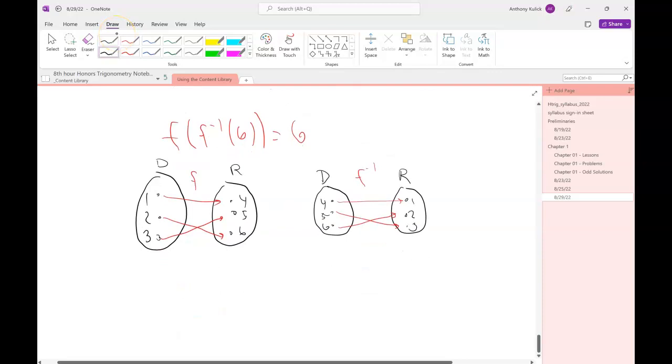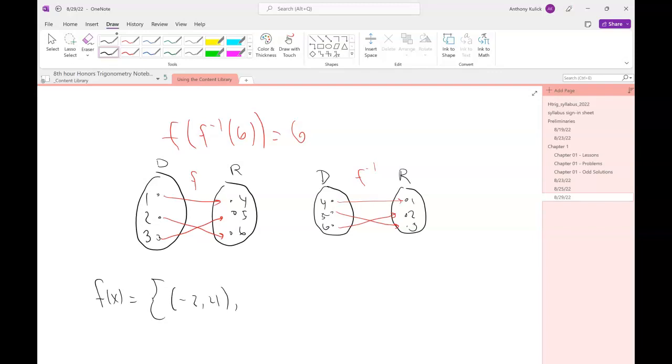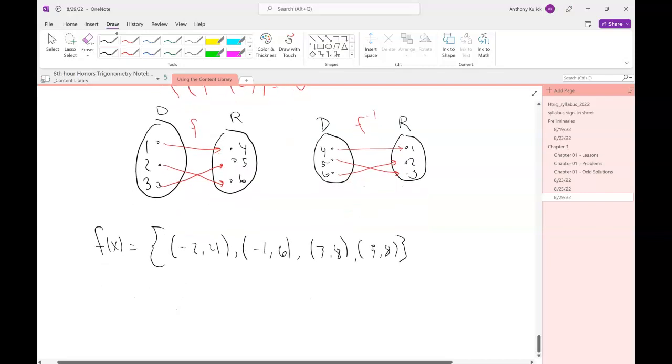What if we have our function defined as a set of ordered pairs? What's f inverse going to be then? Okay, 8, 5.